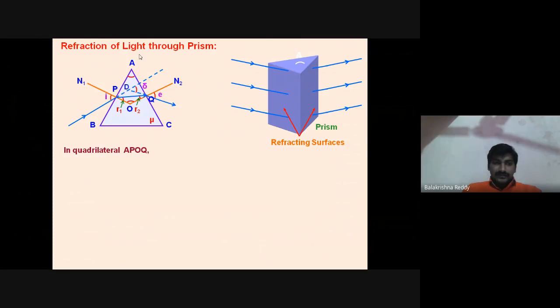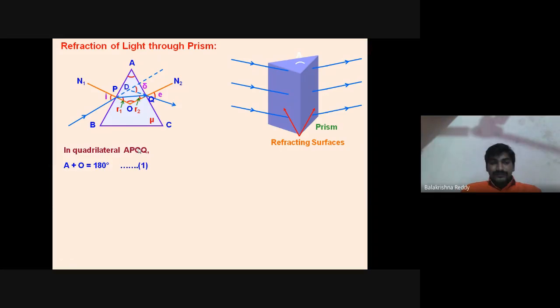In this diagram it may not look like that, here it appears a little less angle, here more angle. But the common rule is that the sum of these two is supposed to be 180 degrees and the sum of these two is supposed to be 180 degrees. Then the total becomes 360 degrees. This is the actual rule of a quadrilateral.